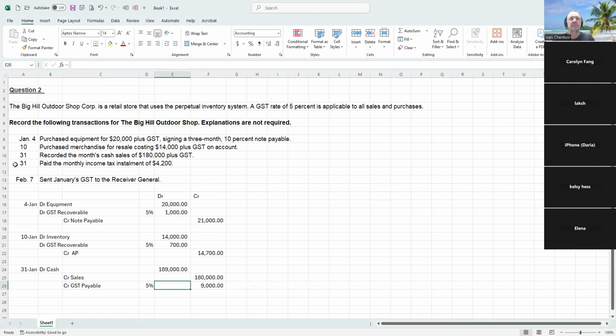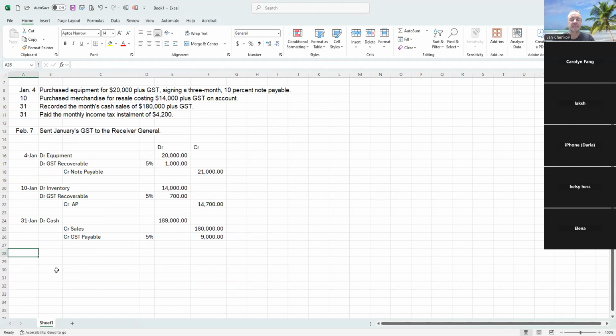What's the next thing? January 31st. What else did I pay? Monthly income tax. Debit. Which account am I going to pay? Income tax expense, and that will be an amount of $4,200.